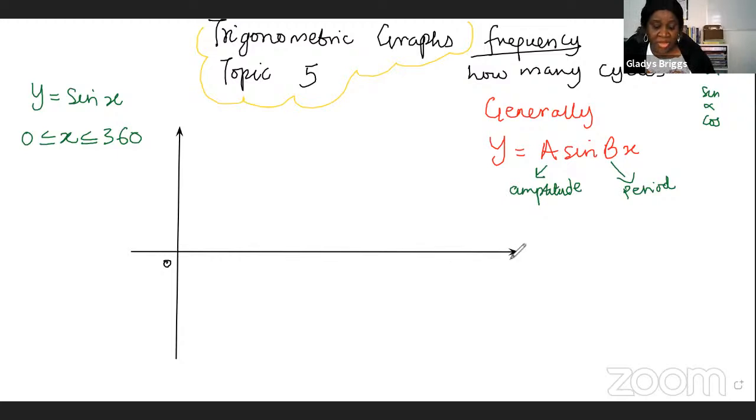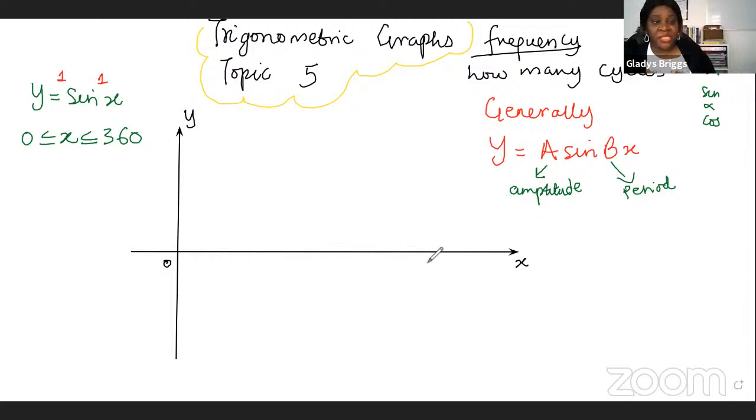This is my x-axis, or theta, and this is my y-axis. Here the amplitude is 1 and the period is 1, because there's nothing written there. You know that it's 1 and 1 here.